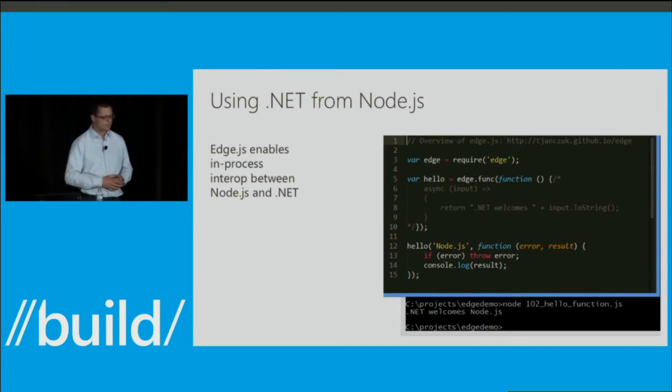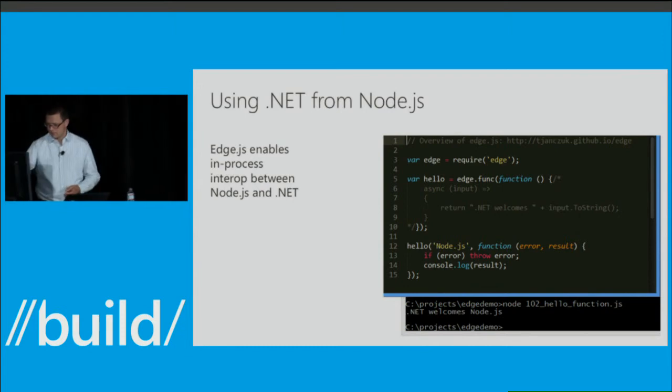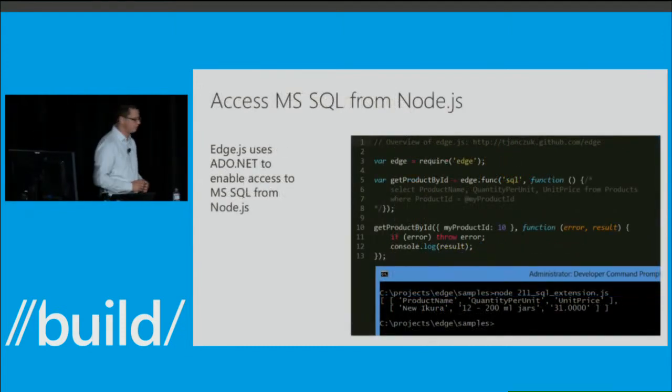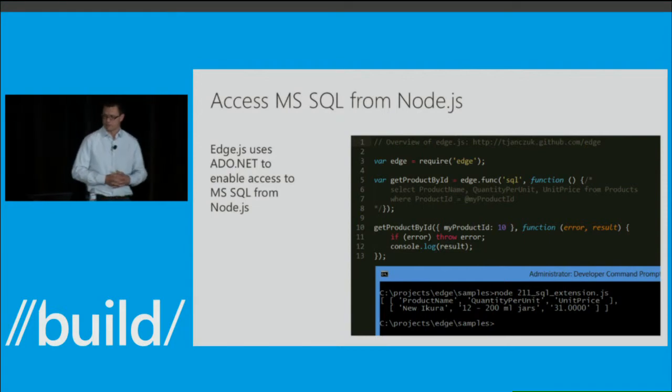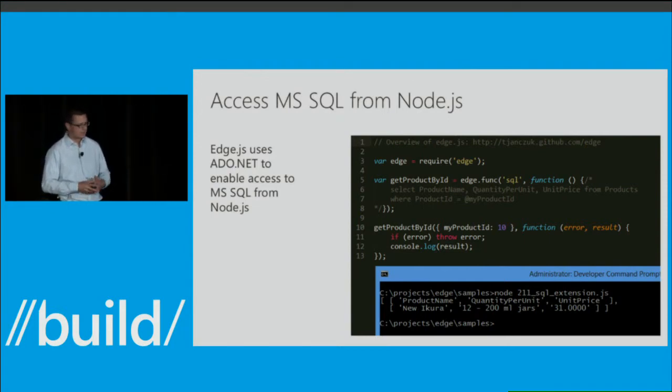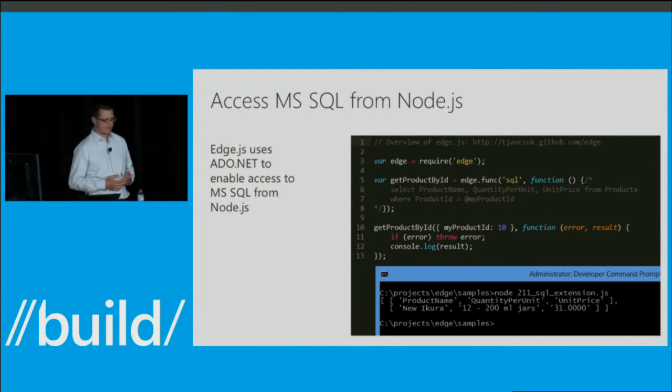This example is based on C#, but you can as well imagine embedding T-SQL inside of Node.js. That T-SQL statement can be interpreted by ADO.NET in .NET and exposed to the Node.js code using the Edge module. So in this particular case, in line 5, we are creating a getProductById JavaScript function, which is effectively an ADO.NET wrapper around the T-SQL prepared statement in lines 6 and 7.